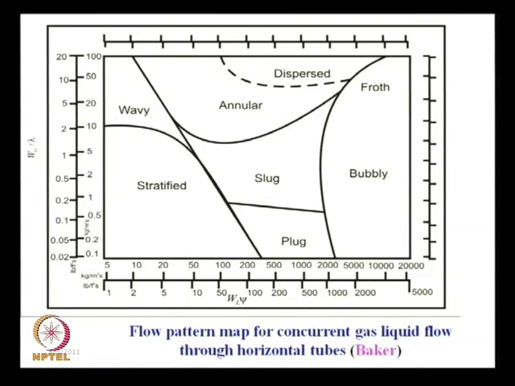Now, since there was so much confusion regarding what should be the appropriate coordinates to be used in the flow pattern maps, the most conventional way of doing it for gas liquid and liquid liquid cases is simply to use the superficial velocity of the two phases.